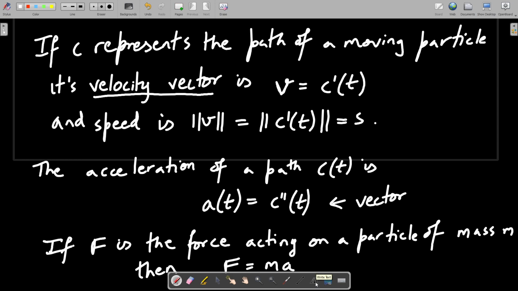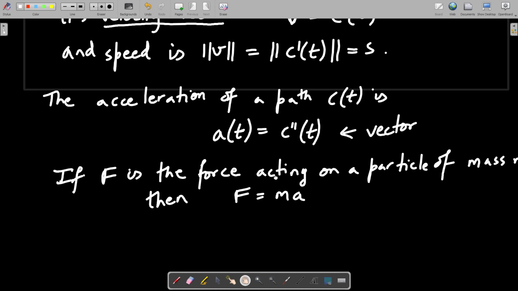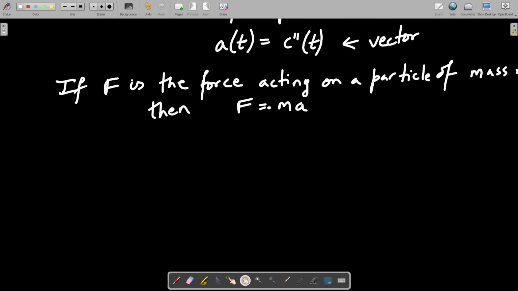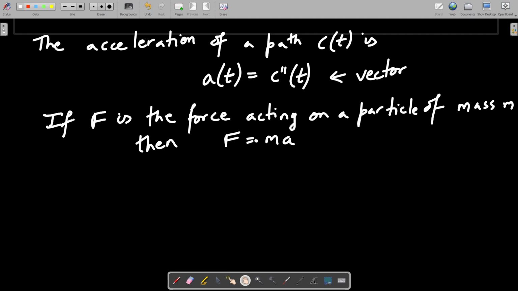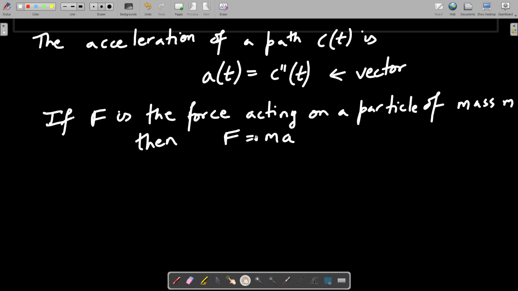We had just done this in brief last semester. Force is mass into acceleration. Force is a vector here, mass is a scalar, acceleration is a vector, so this is just a scalar multiplied into a vector.